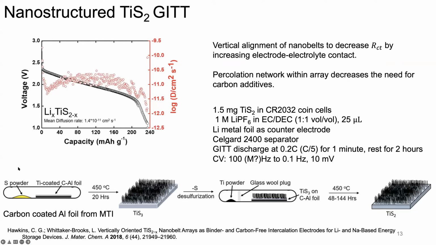In terms of improving or increasing the diffusion coefficient by nanostructuring, which is a strategy we've talked about, this particular study I wanted to highlight because their attempt was to increase the percolation network by growing TiS2 on a substrate in a directed orientation that you see here. And so here are some of the coin cell testing conditions, pretty similar.